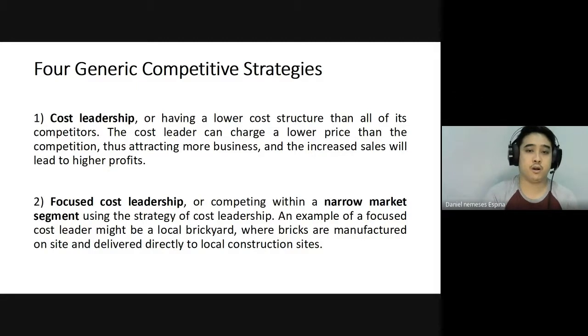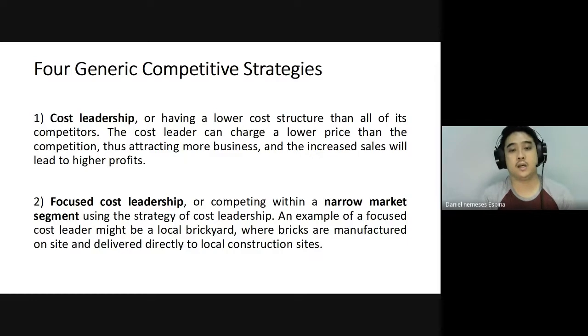So the first type of strategy is called cost leadership, or having a lower cost structure than all of its competitors. So we look for a way we can price our products lower than the competition. This is actually based on the law of demand, right?